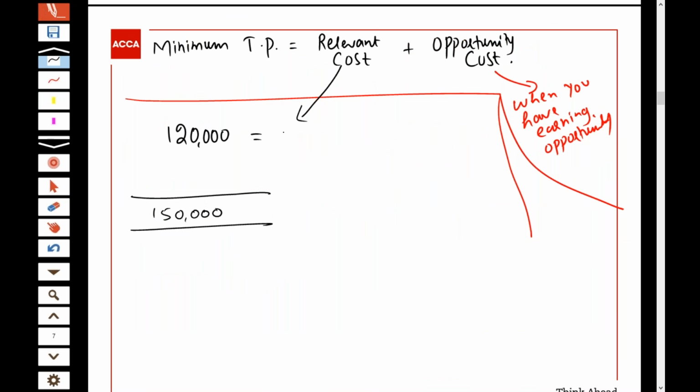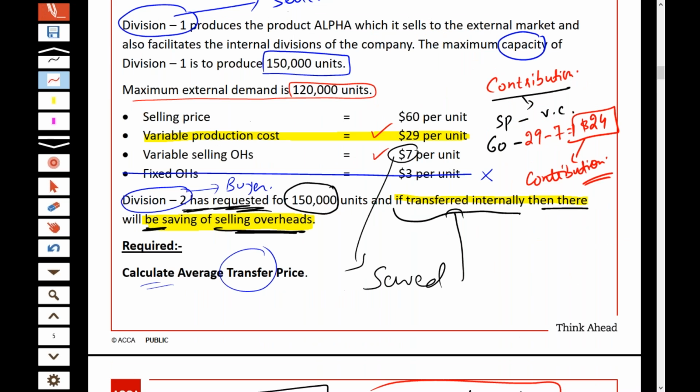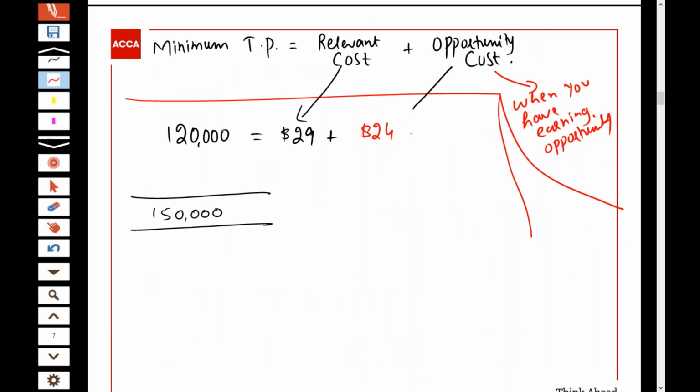The relevant cost is 29, and the opportunity cost is $24, the loss of contribution.